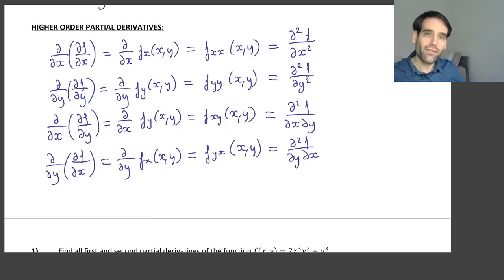But funnily enough, these two are the same. At least they are the same if the functions are continuous. So let me write it down.